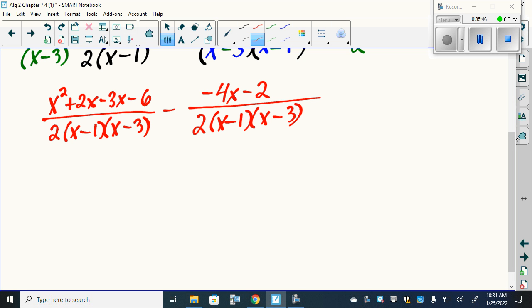Now at this point here, we can combine like terms on either one of these here. Well, mainly just the first, which would give us x squared minus x minus 6 over 2 times x minus 1 times x minus 3.